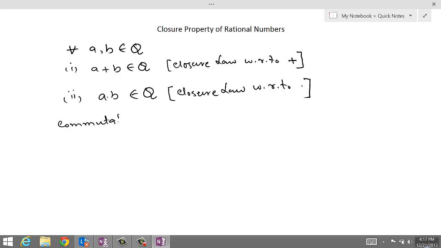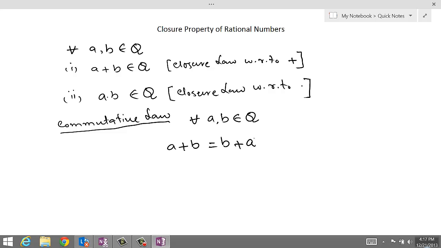Commutative law or commutative property. For commutative law, for all a, b belonging to Q, that is, for any two rational numbers, a plus b is same as b plus a.